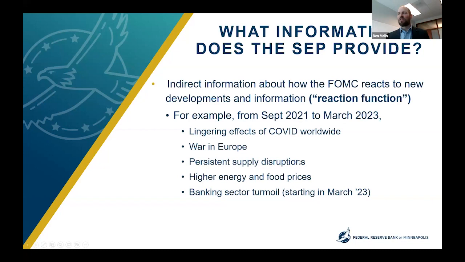Also stemming from the war, we received higher energy and food prices as the supply of key commodities was limited. And finally, banking sector turmoil, which occurred in March of this year with the failure of SVB, of Signature Bank, and so on. All of those are shocks that couldn't be seen as of September 2021, but that occurred, and then the Federal Reserve is going to have to react to that.